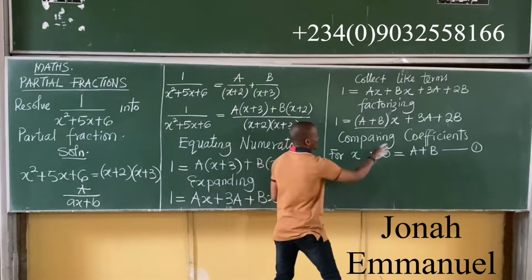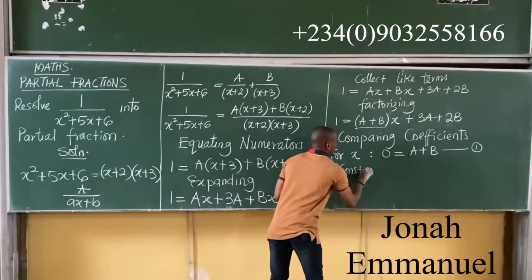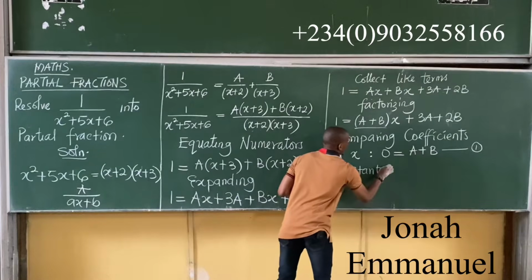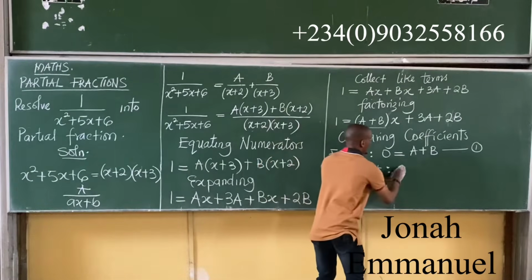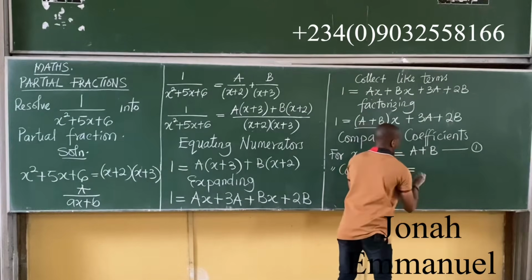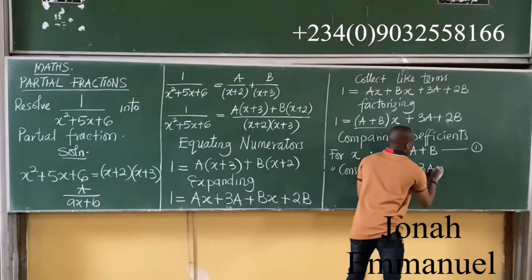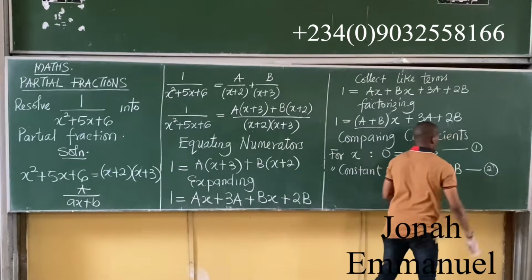Alright, next one. After x, I have this one as constant. So for the constant, what do I have? For my left hand side, my constant is 1. So I have 1 equal to, for right hand side, my constant is 3a plus 2b. Call this equation 2.